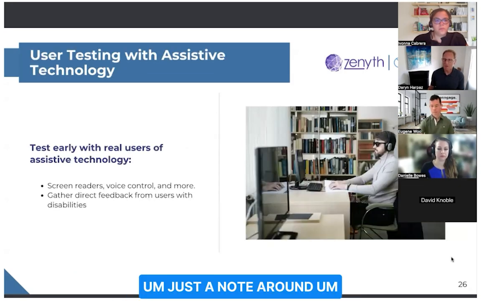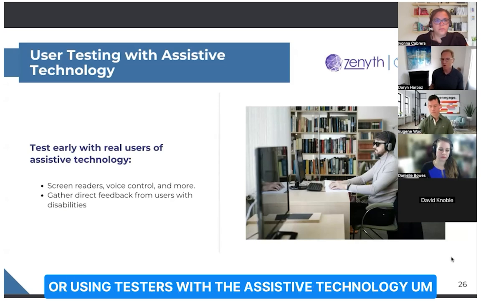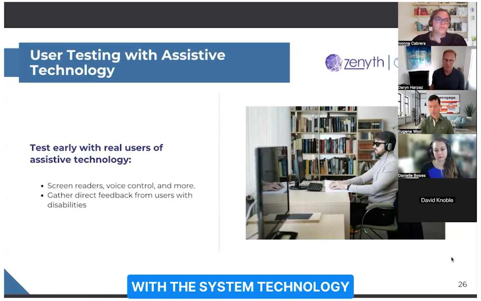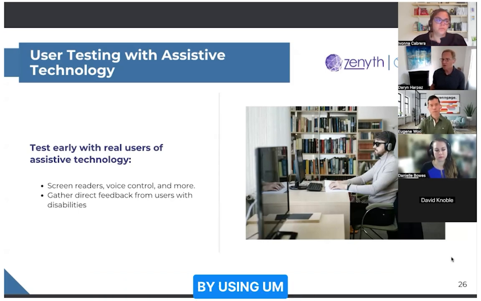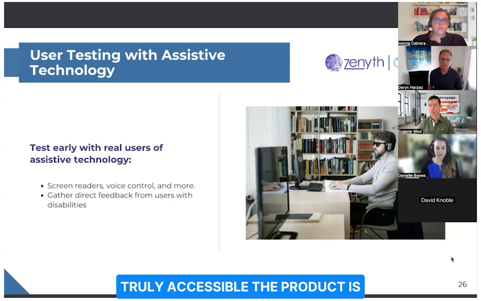Just a note around testing with assistive technology, or using testers with assistive technology. This is what we call real-world testing with assistive technology, by using folks with disabilities to give us insights into how truly accessible the product is.